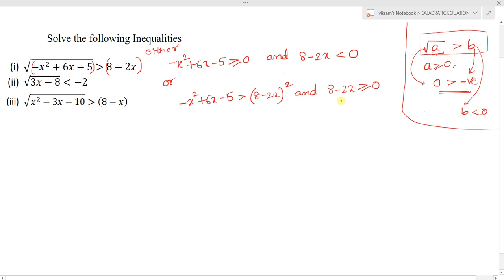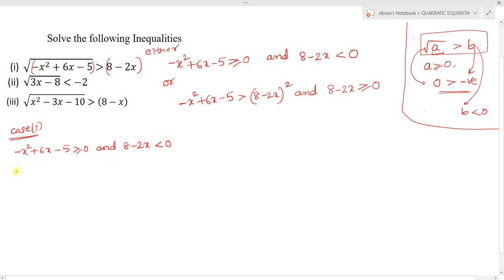Now we consider the first case, case 1: minus x squared plus 6x minus 5 greater than or equal to 0, and 8 minus 2x less than 0.